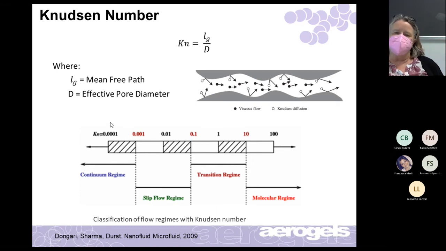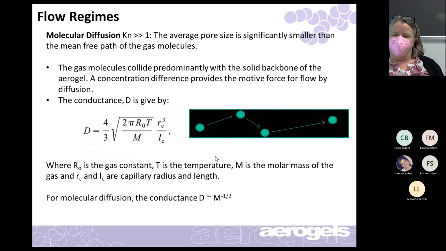This is a little bit like what I showed with the convection when we were talking about heat transport. But molecular diffusion, again, is at high Knudsen numbers. The average pore size is significantly smaller than the mean free path.